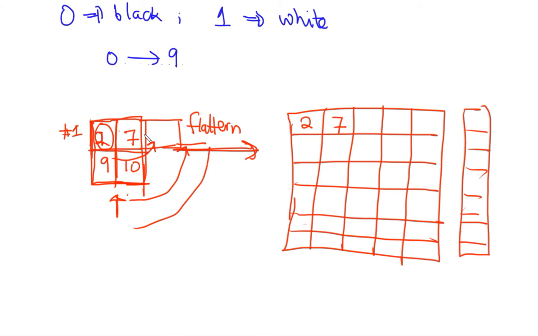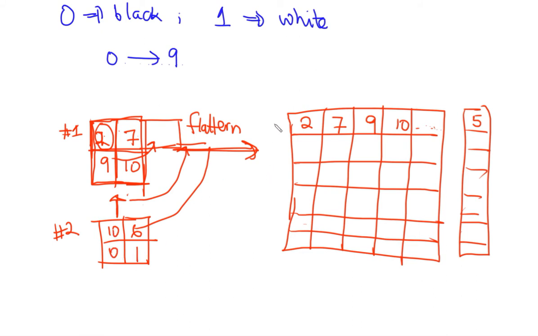So we end up with 2, 7, 9, 10. And then we'll have the label that this is number 5. If we have another image, right? If we have another image number 2, here we have 10, 6, 0, 1.